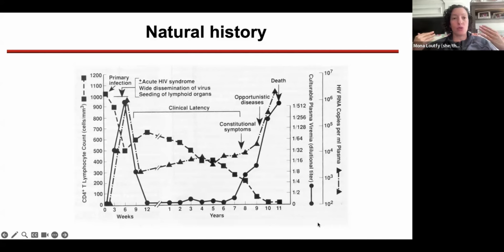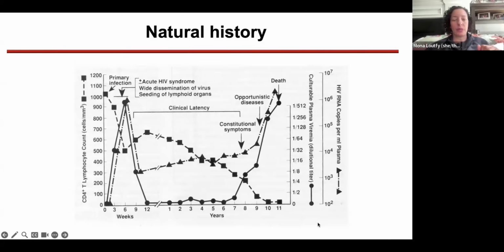HIV being neurotropic, I told you that it can bind to cells in the brain, glial cells. You can actually get neurological manifestations in the acute HIV infection, like Guillain-Barré, Bell's palsy, and you can also get a rash. It's like this fine rash that you can get.